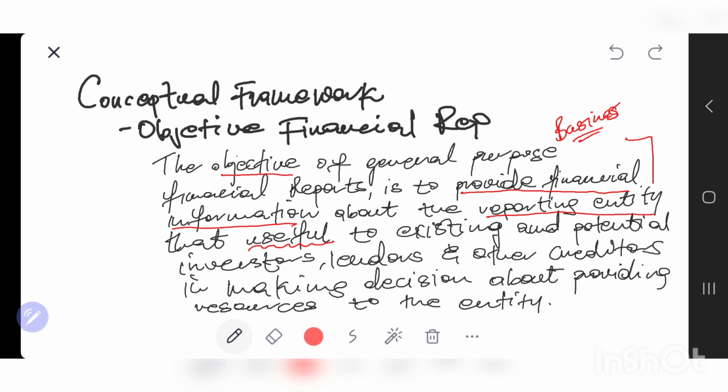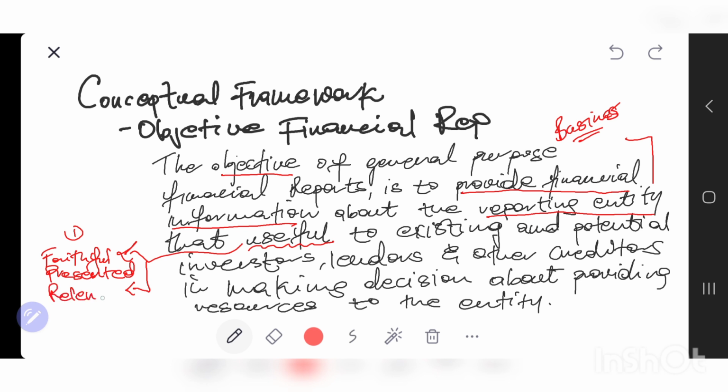So we are saying that the objective of general purpose financial reports is to provide financial information about the reporting entity, which is the business. This information needs to be useful. So when information is useful, it means that one, it must be faithfully represented, and then number two, it must be relevant.